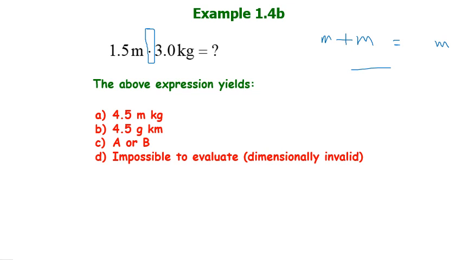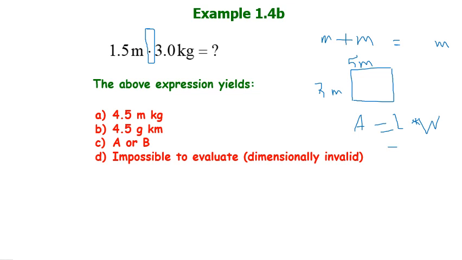If we want to calculate a rectangular area, for example, 3 meters times 5 meters, the length and the width, the area would be length times width.